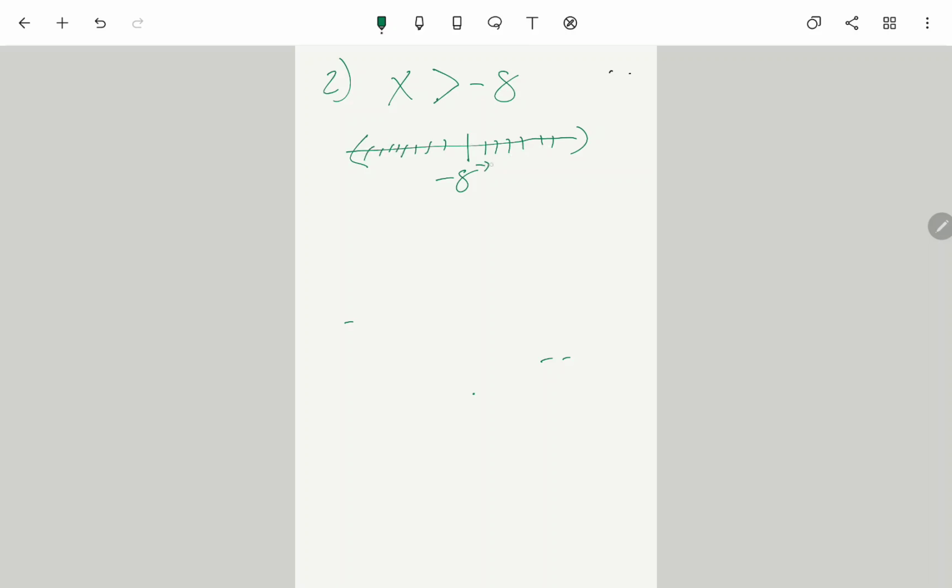That one is negative 7, negative 6, negative 5. That one is negative 9, negative 10. All numbers. Now look here. That one is like an arrow, right? So this arrow is the same as that arrow. So that means all numbers will be here.